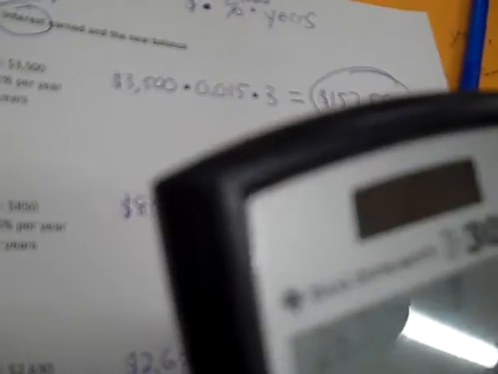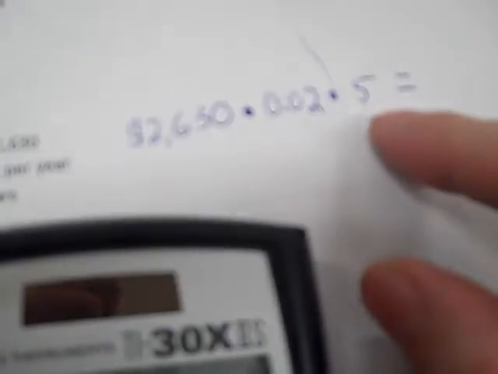So 2,630 times 0.02 times 5. I got 263. Okay, again, I didn't like how I did that. If I just punch that in, you're not really understanding the why. So I earn that much every single year. Well, how many years? We have 5. So if it's the same every year and I have 5 years, we can times it by 5. That's how multiplication works.